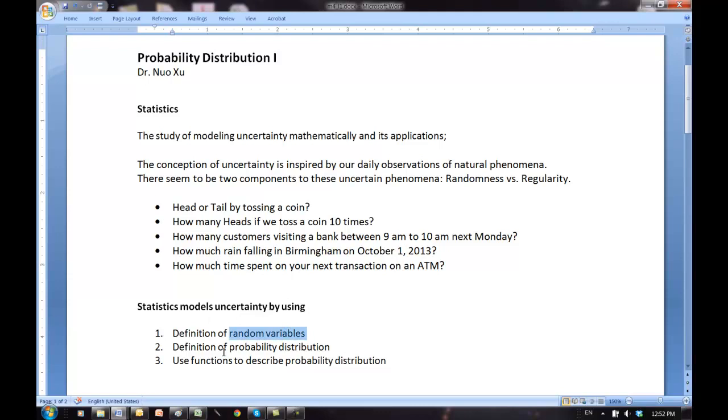Step 2 is we define probability distribution. And the last step is we use functions to describe probability distribution. So in this lecture, we're going to cover these 3 steps one by one with some details.